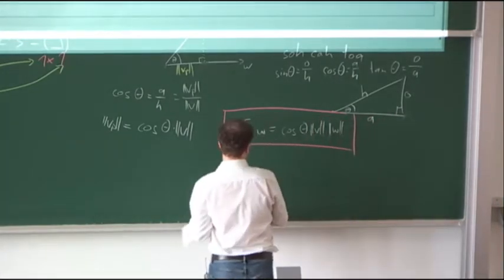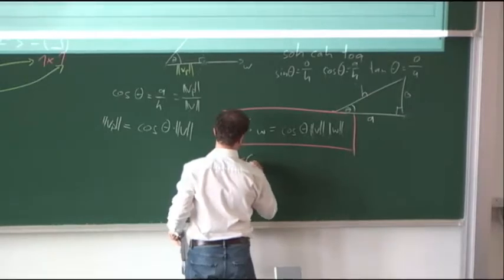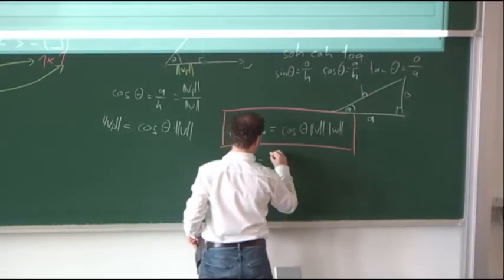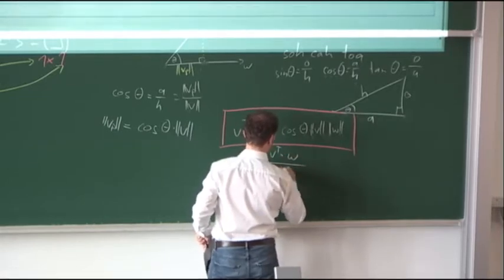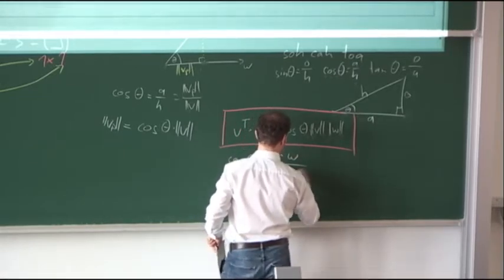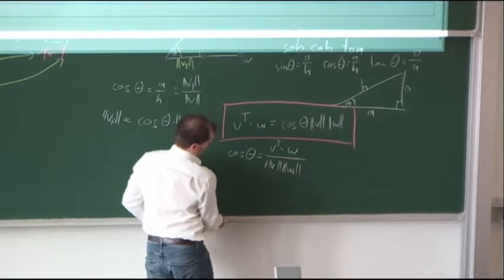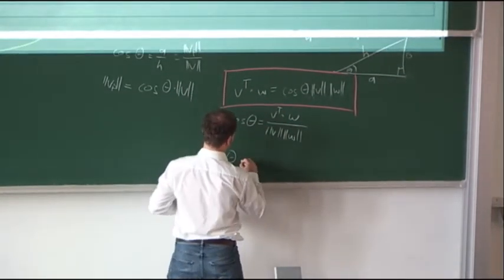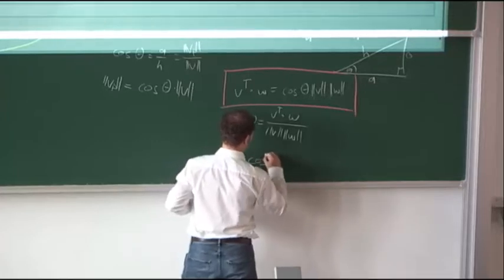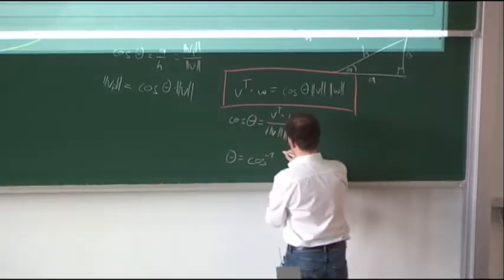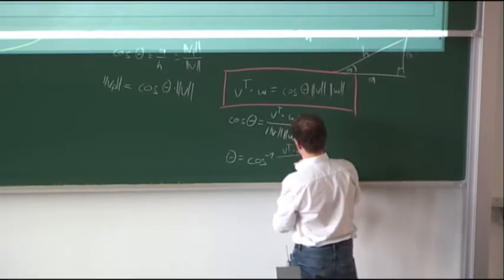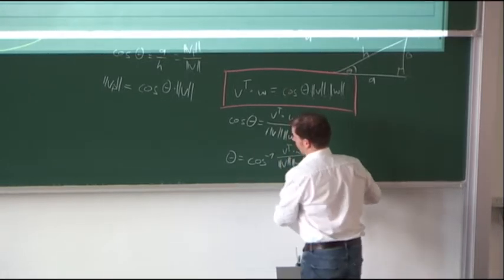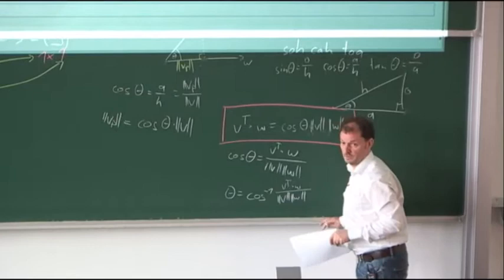So the cosine of the angle between the two vectors is equal to V transpose dot W divided by the length of V times the length of W. And if I really want the angle, it is the inverse cosine, or arccosine, of V transpose dot W divided by the length of V times the length of W. This is how you get the angle between two vectors.